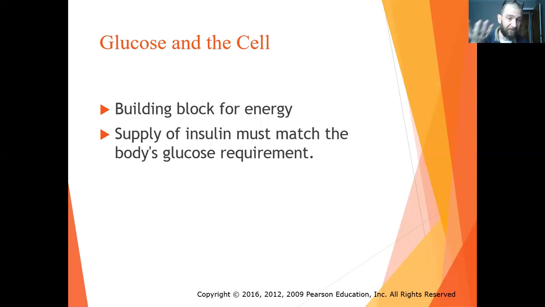If there's not enough insulin but the right amount of sugar, then we can't get that sugar into the cells, and then soon enough the cells are functioning inadequately without that sugar because they can't make energy. Their functions are impaired, and then they die. So we've got to have the right amount of sugar and the right amount of insulin for things to work.